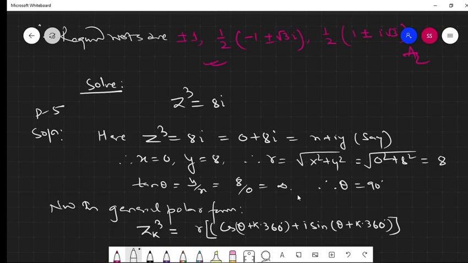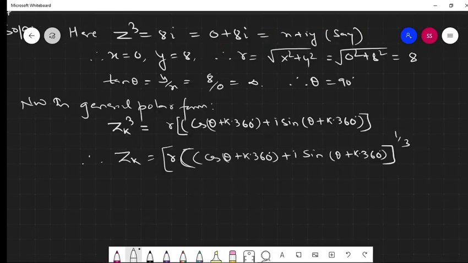Then therefore z_k, raising power 1/3 on both sides, equals r times the quantity cos of theta plus k times 360 degrees plus i sin of theta plus k times 360 degrees, whole to the power 1/3.